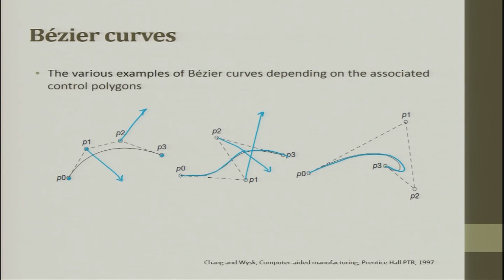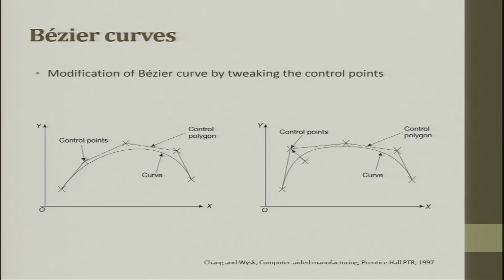So, from an application point of view, the control points decide the curve profile. So, there is a modification of the Bezier curve by tweaking the control points. You can change the curve. Okay. And here you can see I have just moved a control point from here to slightly here.